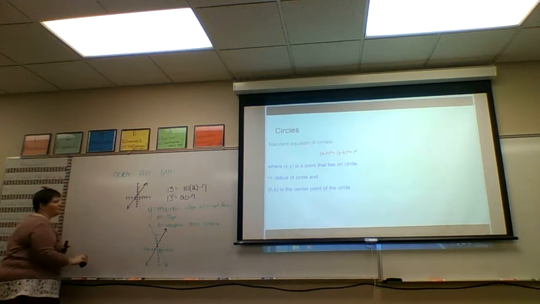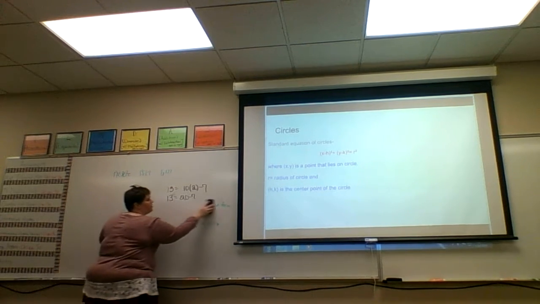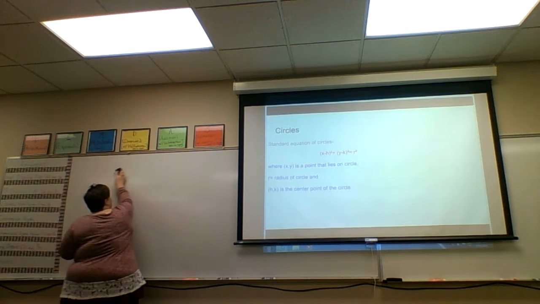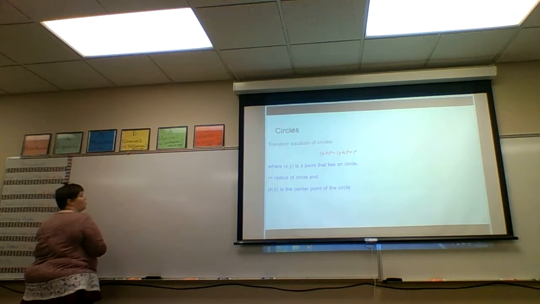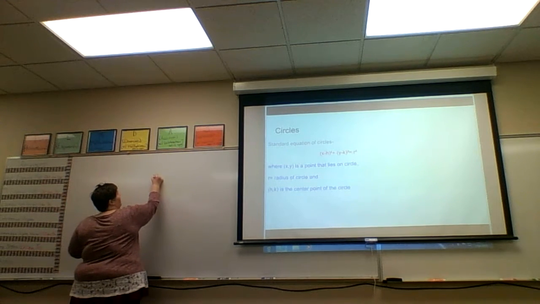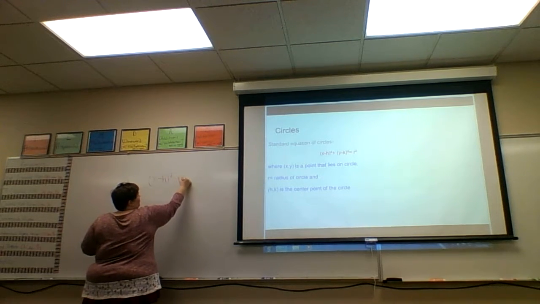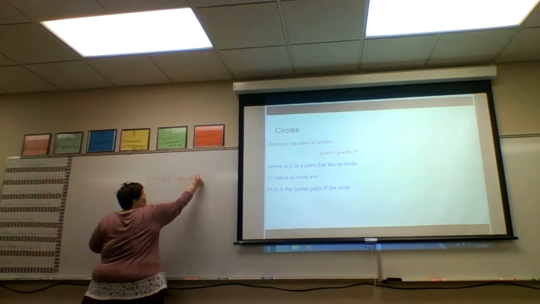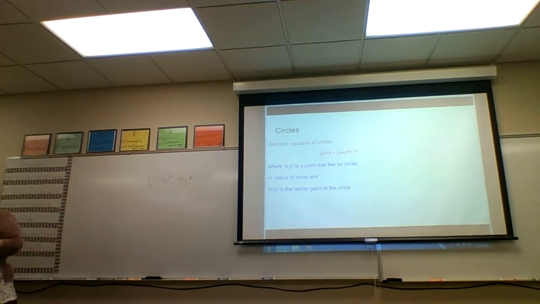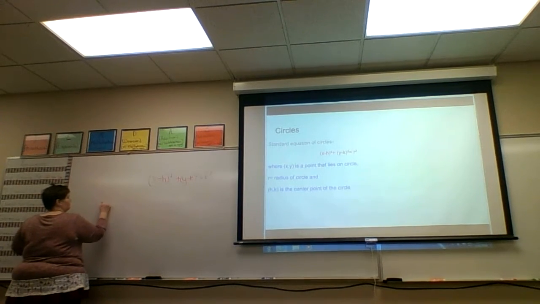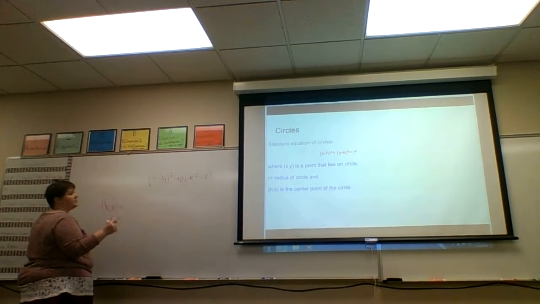We jump right into one thing we have not seen before, but it really isn't that difficult as long as you understand what H and K mean. Okay. So for circles, my standard form equation is X minus H squared plus Y minus K squared equals R squared. H comma K is the center of my circle.